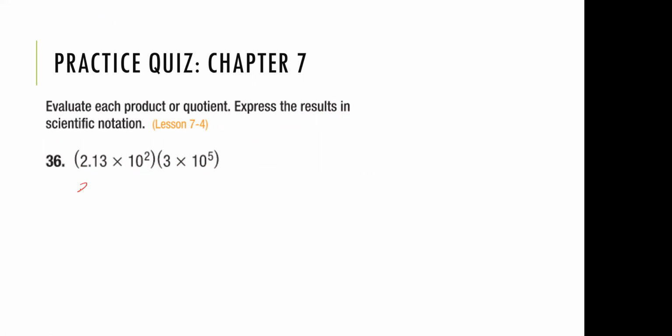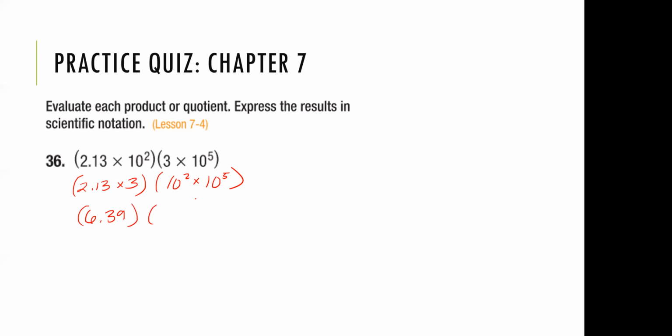So we can rewrite this as 2.13 times 3 multiplied by 10 to the 2nd power times 10 to the 5th power, okay? So then when you multiply 2.13 times 3, we end up with 6.39.